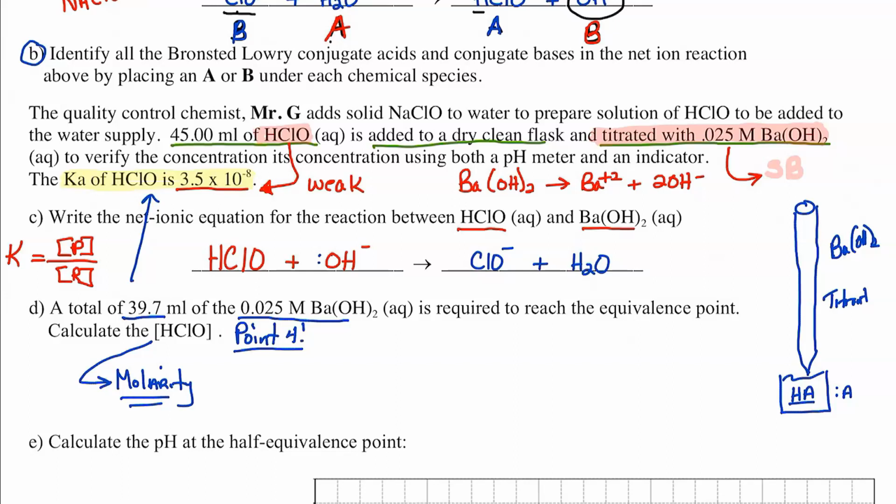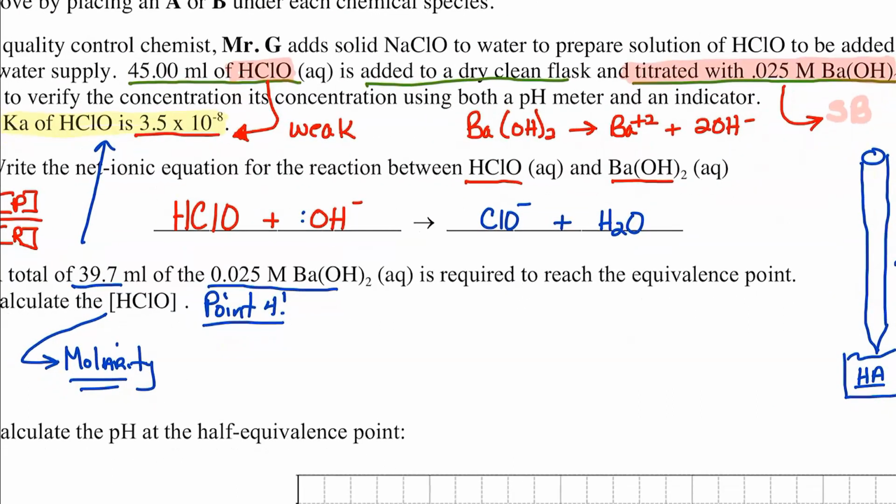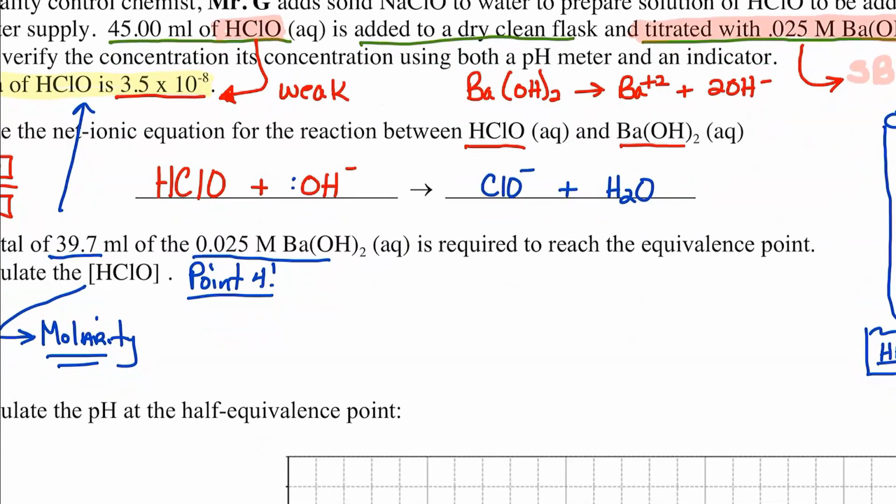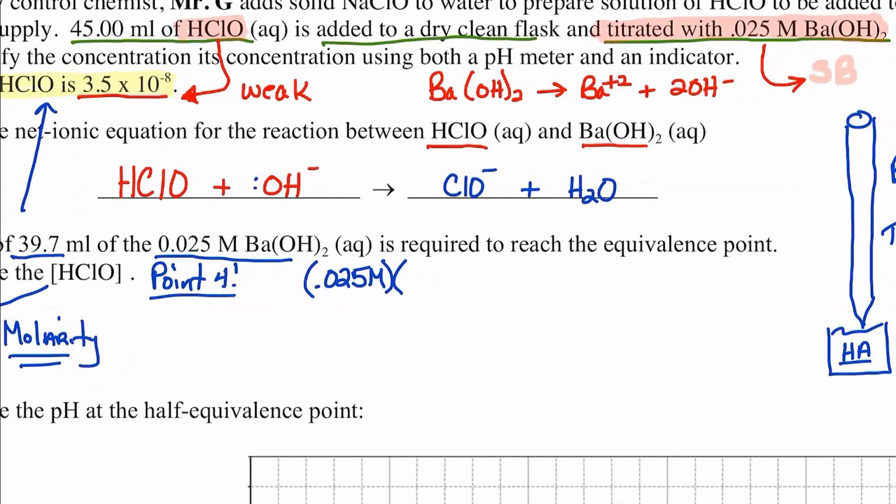So the first step is to find the moles of the base that I added. And the basic way to get moles through solutions is molarity times volume in liters. Get that down. So I'm going to take 0.025 molar, and I'm going to times that by the liters of the base that I added from the burette, and that, of course, is going to be 0.0397 liters.